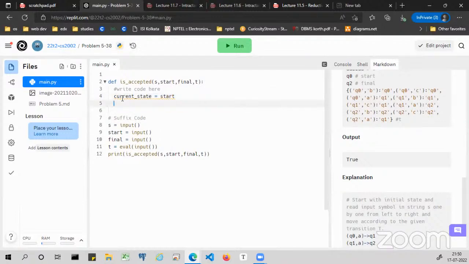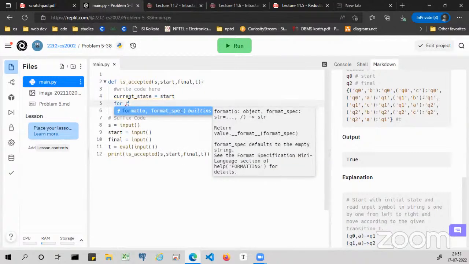Once I have the start state, I would run through the first configuration in T having the start state, with the first character of S: start state comma that character gives whichever state is there, and to that state I would go. To repeat this process, I have to exhaust the whole string, correct? So at first I would write the code for that.